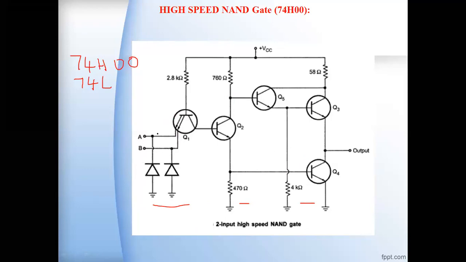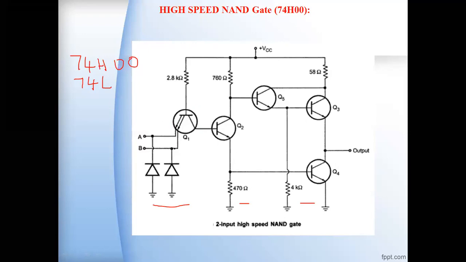From the circuit diagram, in the low power Schottky transistor logic NAND gate, we have the Schottky diodes as the inputs in the input stage. But in this circuit, we have the multi-emitter transistor.